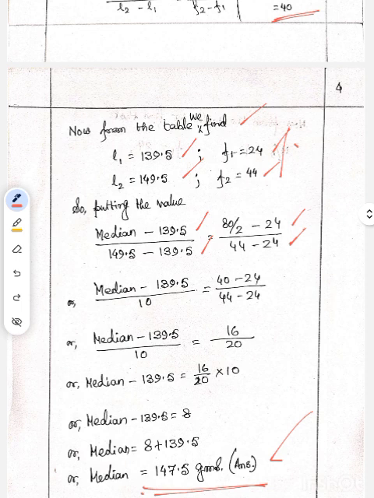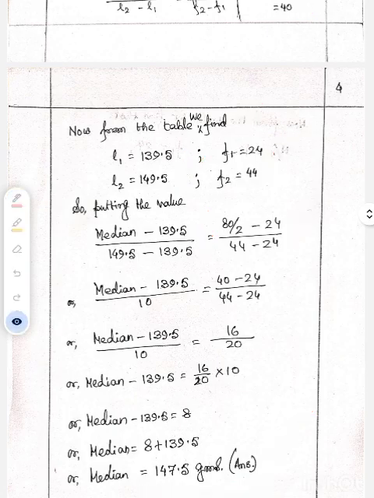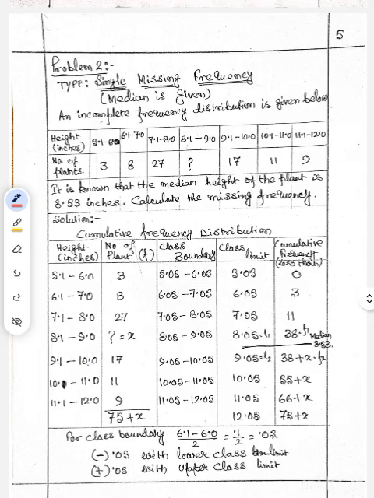Okay. The next problem of the median is on missing frequency. So in the next problem we have to calculate how to find the missing frequency with the help of the median. In the first problem we have a single missing frequency, subject to the median being given. So what is the question?